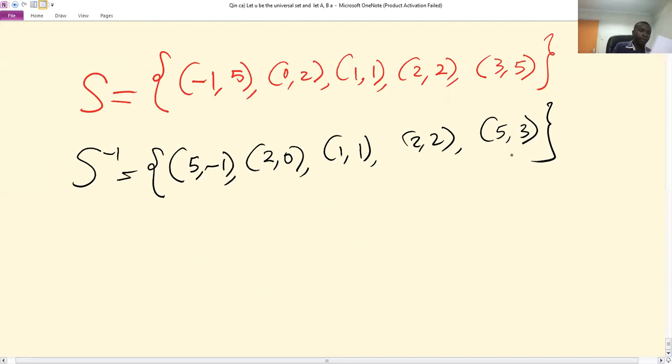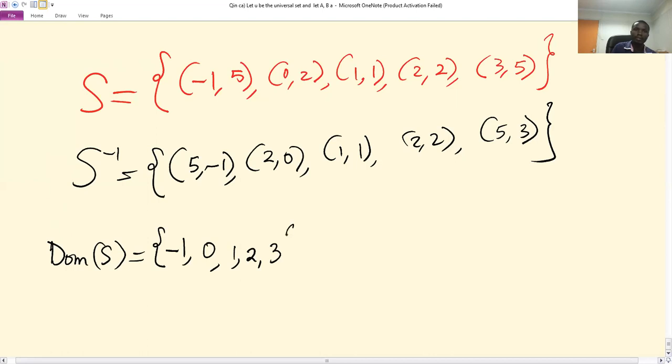And so the domain of S, set of all first elements, so -1, 0, 1, 2, and then 3.